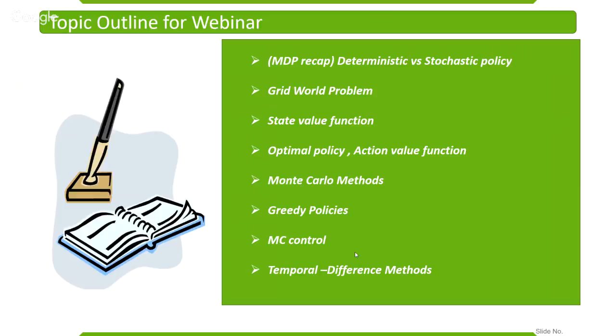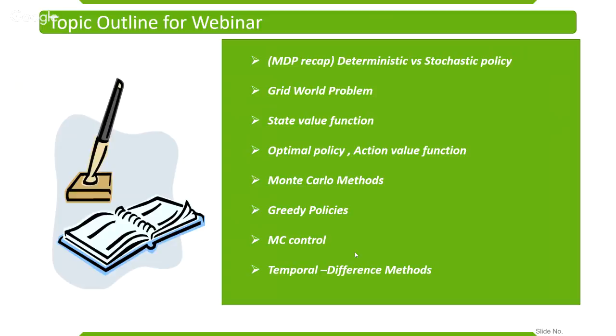Then moving on to understanding action value functions and how to move gradually to an optimal policy, and then Monte Carlo methods to make a policy better and optimal. Then what is a greedy policy, and how can we benefit by using a greedy policy, and then the Monte Carlo control methods and temporal difference methods and their control methods.